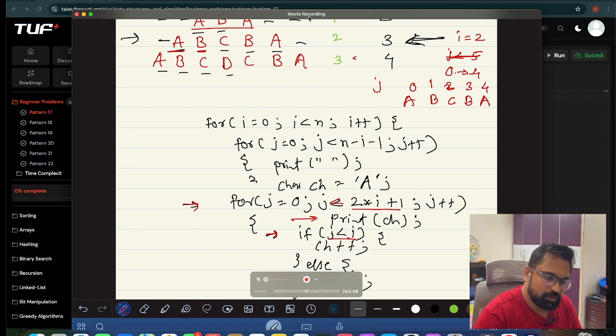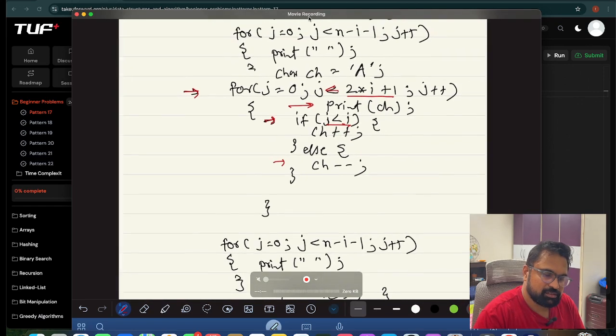So this is how you can formulate such patterns.